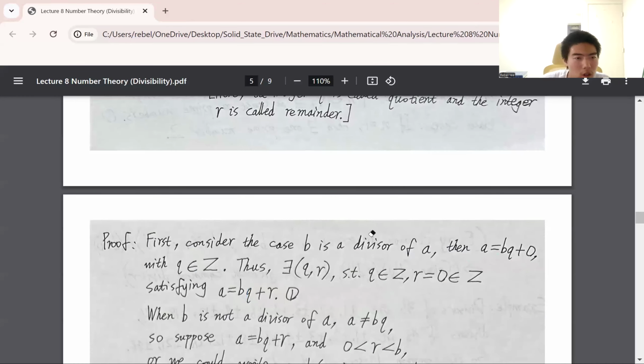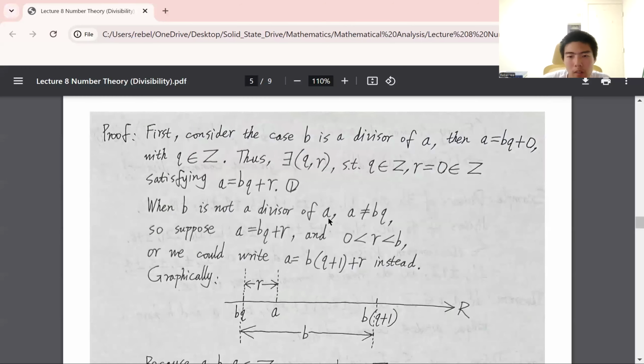Okay, but there's also another case: B is not a divisor of A, then A is not equal to BQ. So now we can say A is equal to BQ plus R. We add something not equal, and R in this case cannot be 0. So R is in this form, right? So we can write, this is what we want.